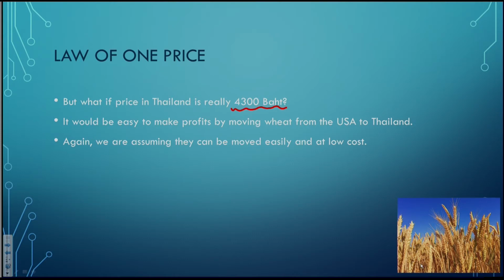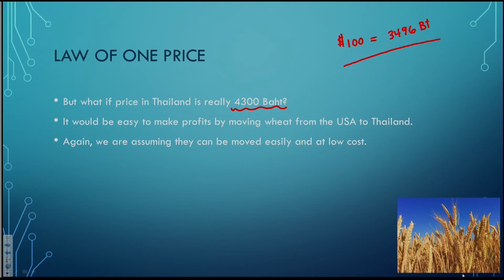But what we're saying, remember, is that the equivalent US price, right? Let's write this up here. $100 wheat was equal to 34.96 baht. So we're saying, hey, wheat is fetching a much better price than that.